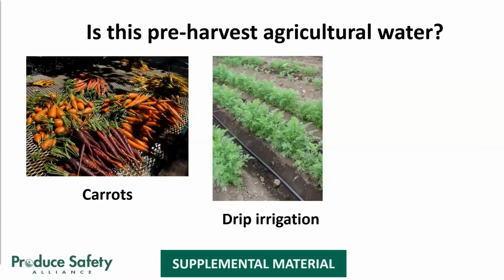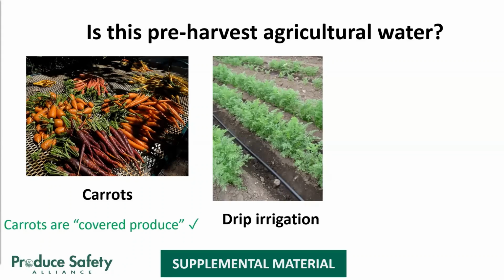And it can actually get really tricky to figure out whether or not the water that you're using is considered agricultural water, where you need to closely monitor the microbial quality. In this example, from the Produce Safety Alliance's training, we have carrots that are irrigated through drip irrigation.